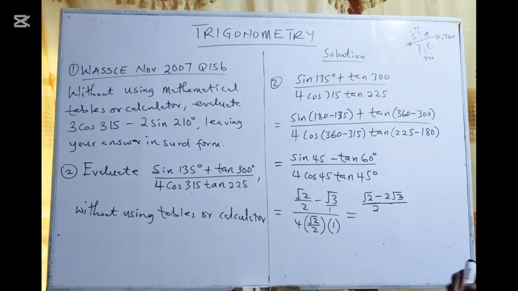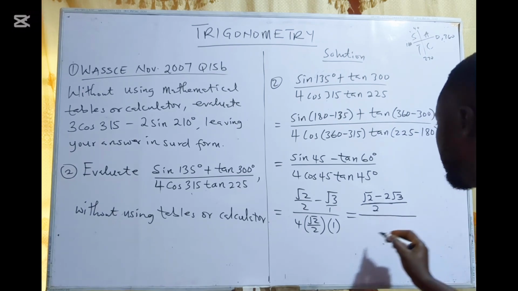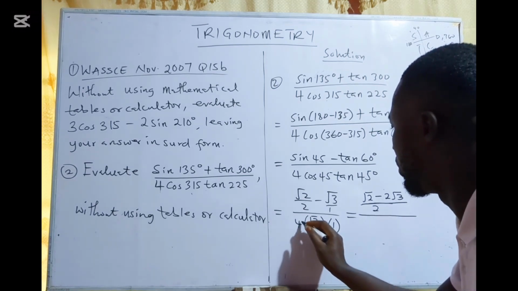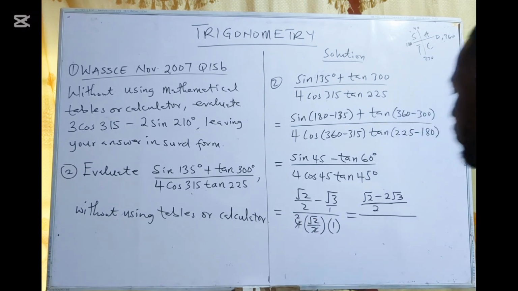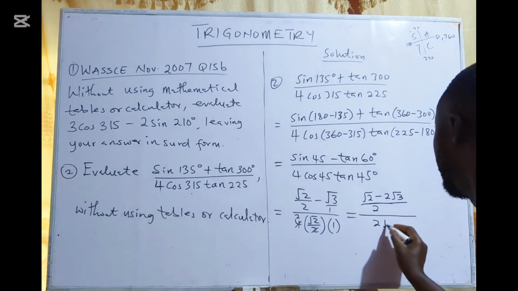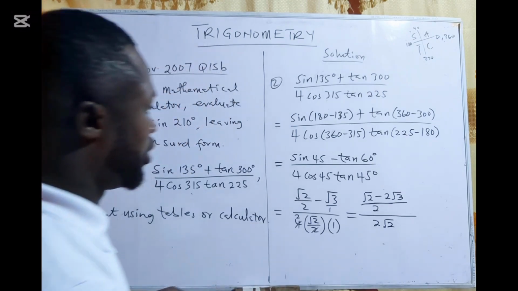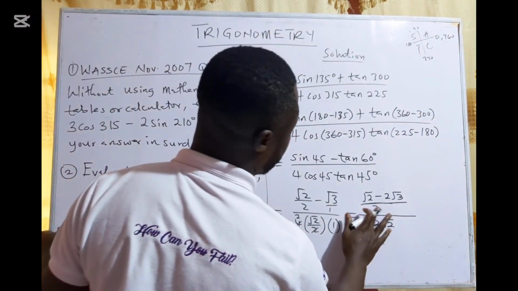So this is what we are going to have, all divided by 4 times root 2 over 2 times 1, which gives me 2 root 2. So this is what we are going to have.